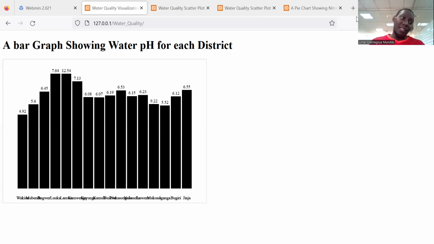So the team took samples of water in different districts to the lab, and looked at the different components within the water, and also looked at the different features.